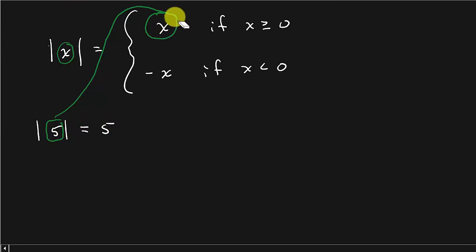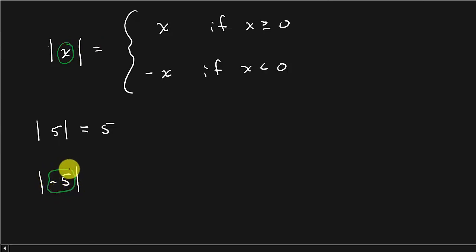Now, let's look at the absolute value of negative 5. So remember, x is the value inside the absolute value. So what's in here? Negative 5. That's less than 0, right? See, if x is less than 0, then we're going to take the negative 5 and we're going to plug it in for x there.